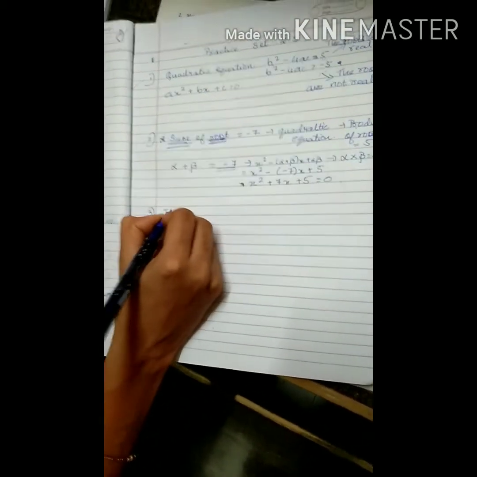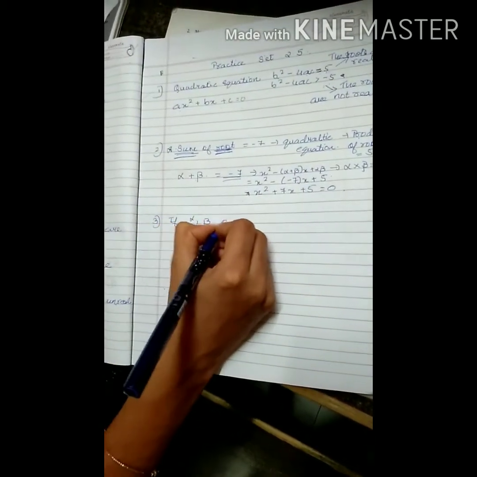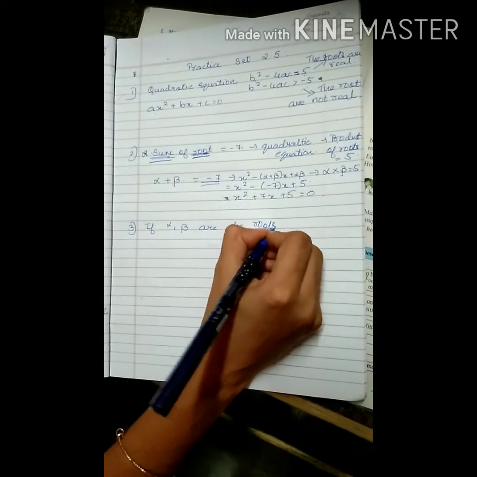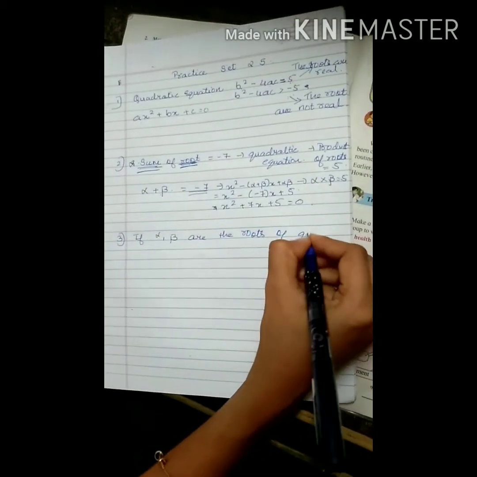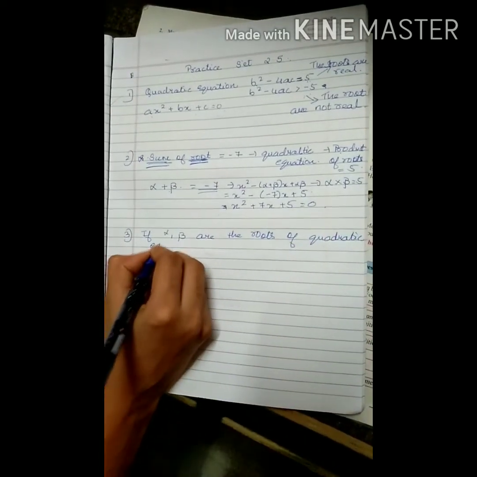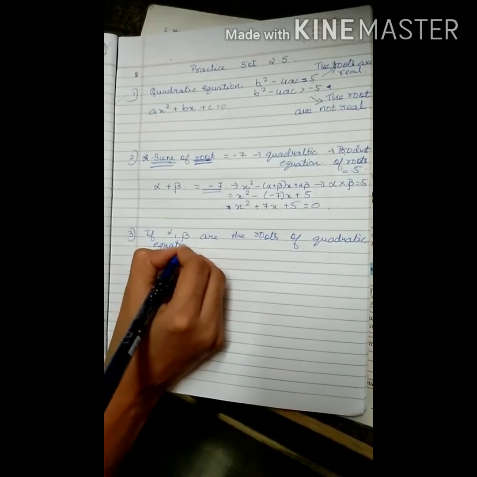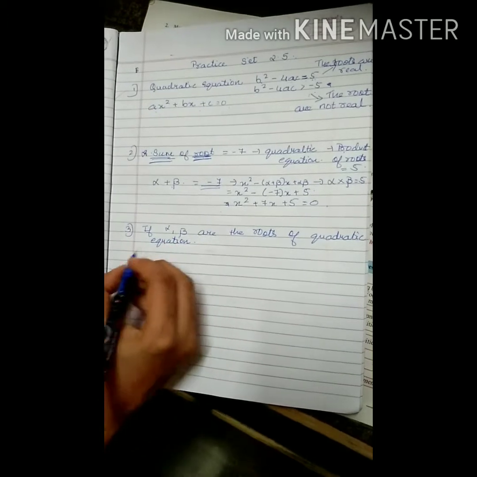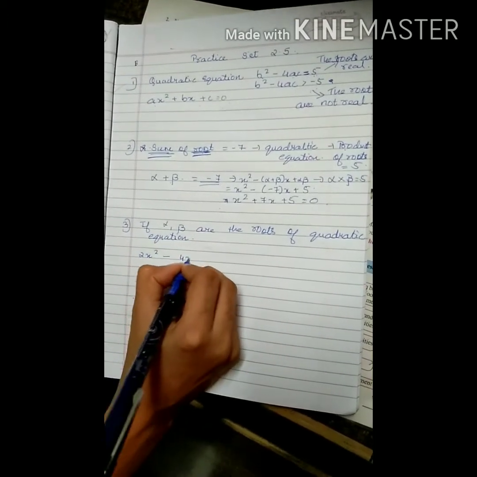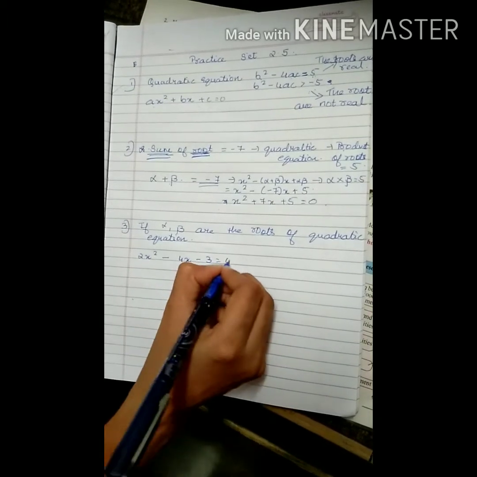Question: if alpha and beta are the roots of the quadratic equation, here the quadratic equation is 2x square minus 4x minus 3 is equal to 0.